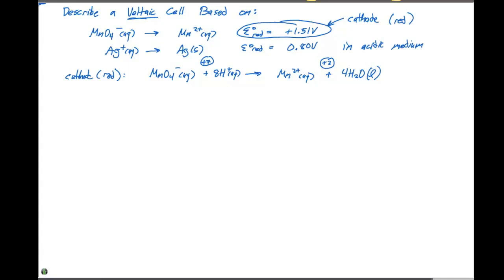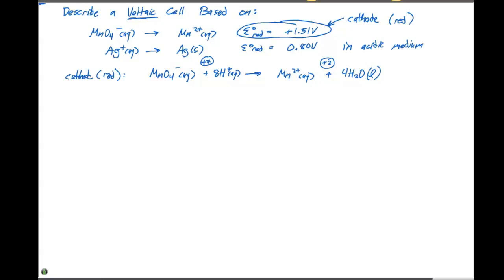In these redox reactions, electrons are being transferred, so we can add electrons to whichever side of the half reaction that we need to. You've probably heard the term OIL RIG used to give an abbreviation to these types of reactions. So that stands for oxidation is losing and reduction is gaining, and that's in terms of electrons. So if this is our reduction half cell, we would expect the electrons to be on the reactant side.